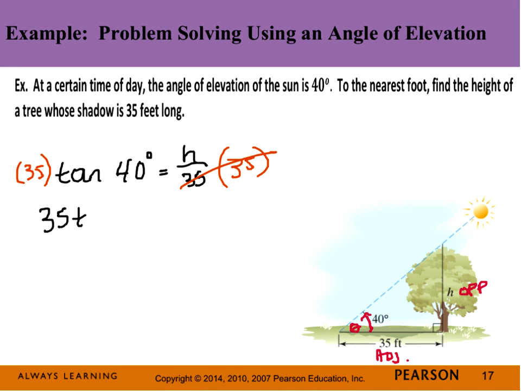And I'm left with 35 times the tangent of 40 degrees equals H. And let me put that into my calculator. 35 times the tangent of 40. I am getting that the height of this tree is approximately 29.4 feet high. Did y'all get the same thing?